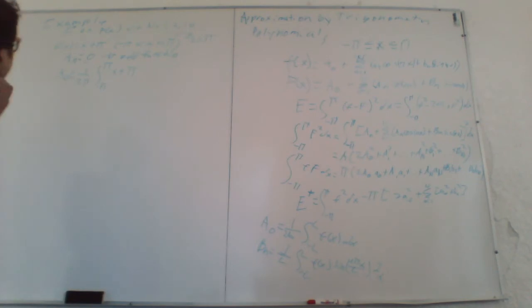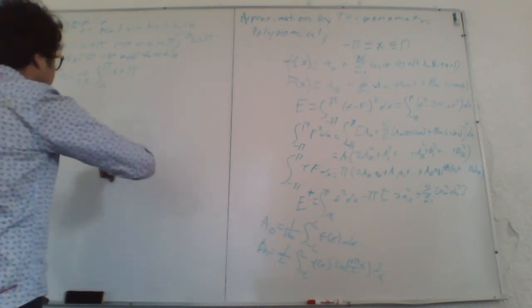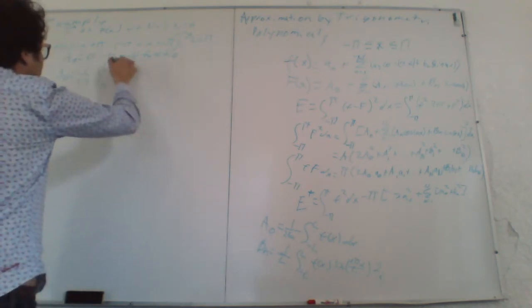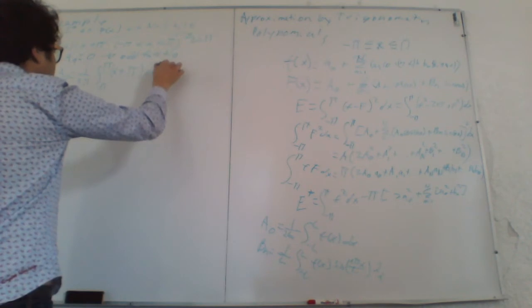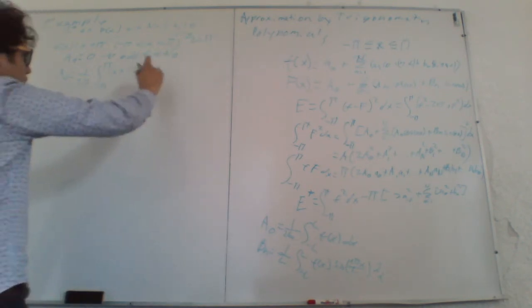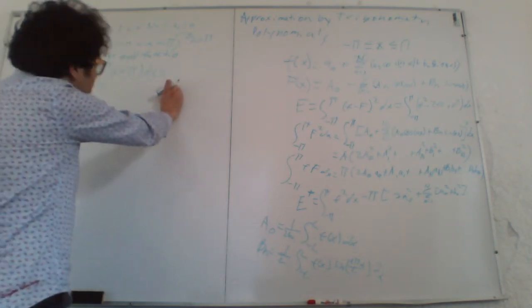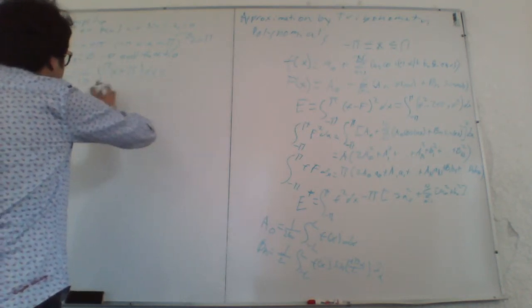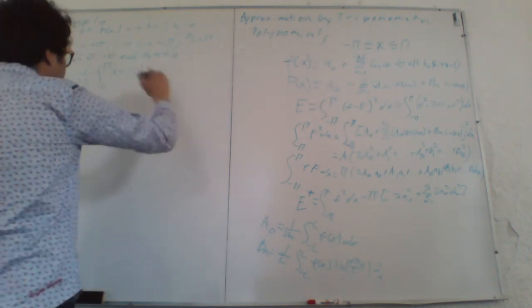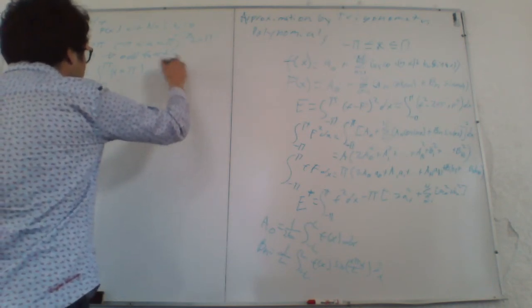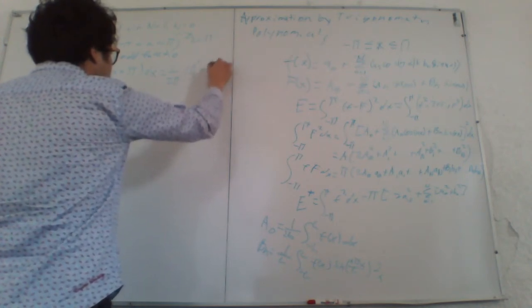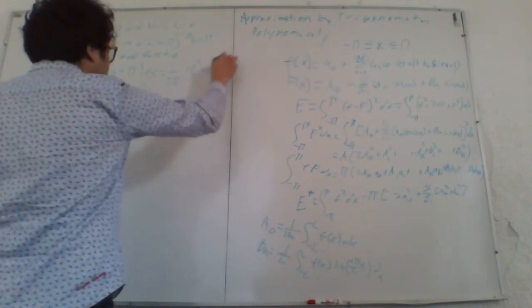Okay, so I am going to solve it. That is equal to 1 over 2 pi times (x squared over 2 plus pi x) from minus pi to pi.